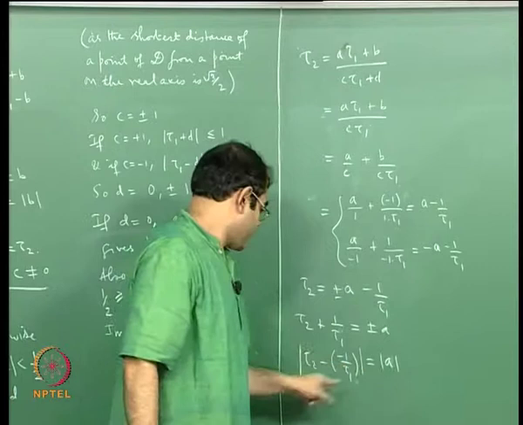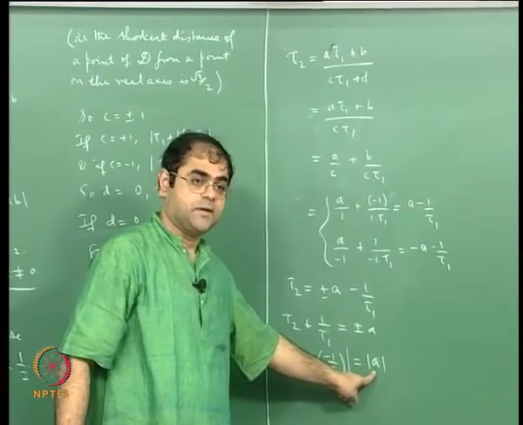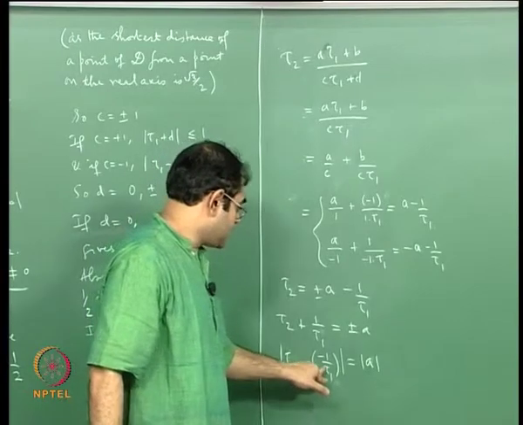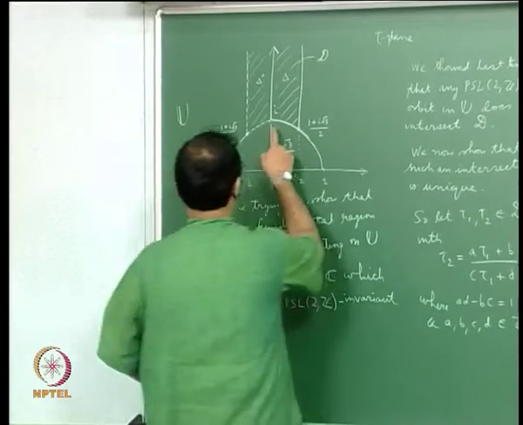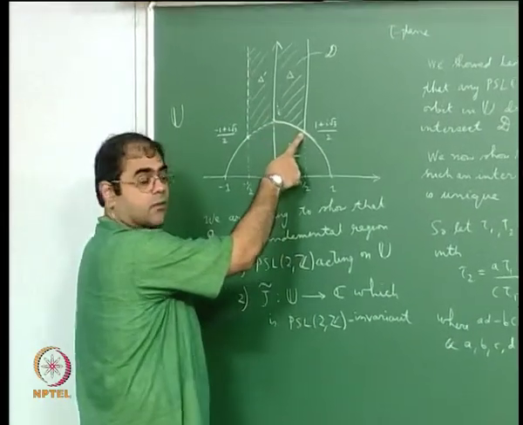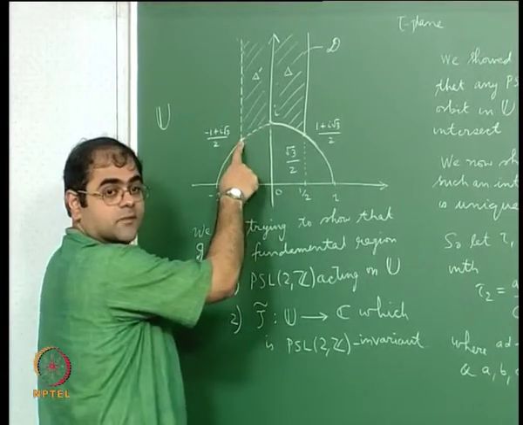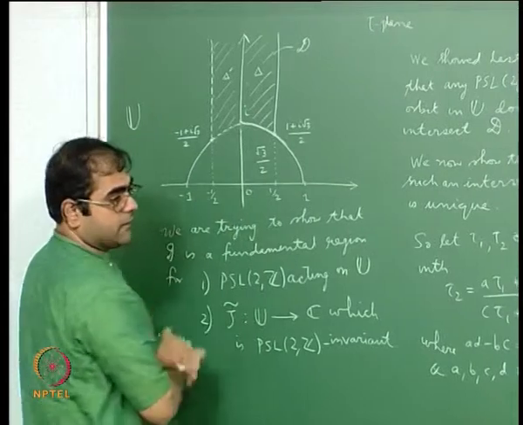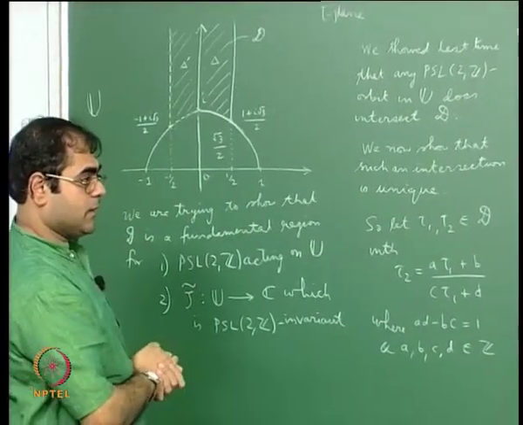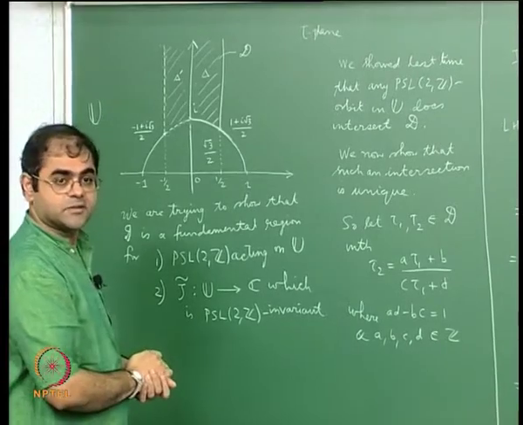The claim is that a is actually 0. First, tau 1 is somewhere on this arc, so minus 1 by tau 1 is therefore on this piece of the arc, and tau 2 is somewhere else. Before taking the modulus I should have taken the real part and then the modulus.